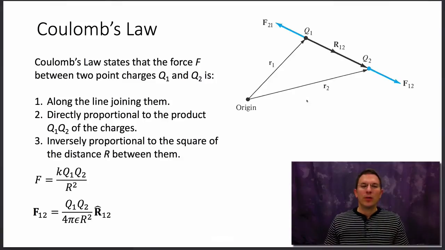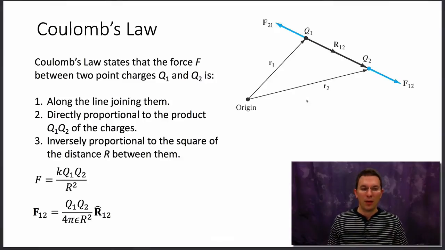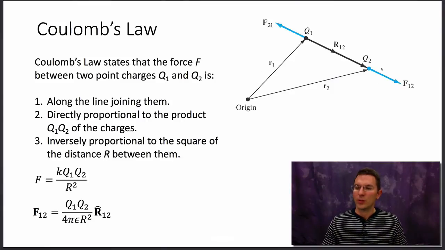And Coulomb's law states that the force F felt between 2 point charges Q1 and Q2 is the following. It's directed along the line joining them. Okay, if you notice, this is the force on the second charge due to the first charge, and you'll notice it is lined up with a vector pointing from the first charge to the second.